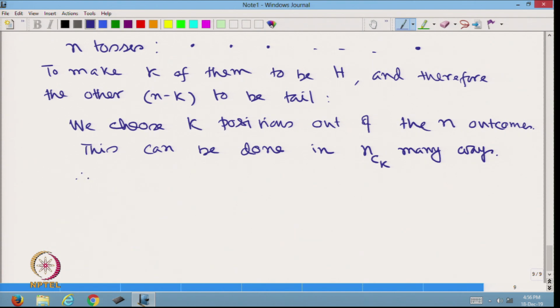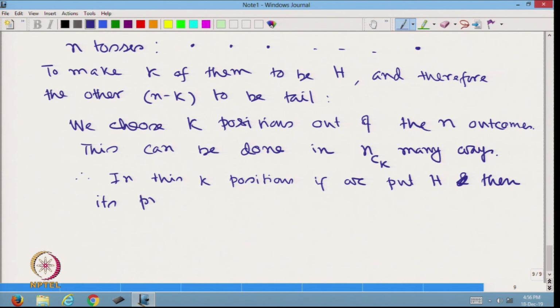Therefore, in these k positions, if we put h, its probability is p to the power k, because the tosses are independent.